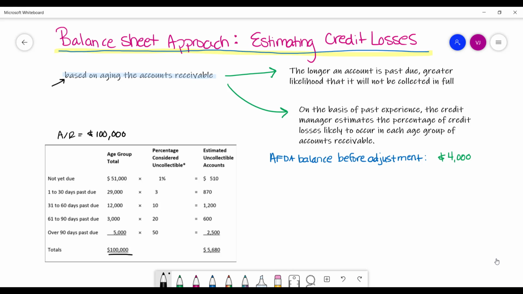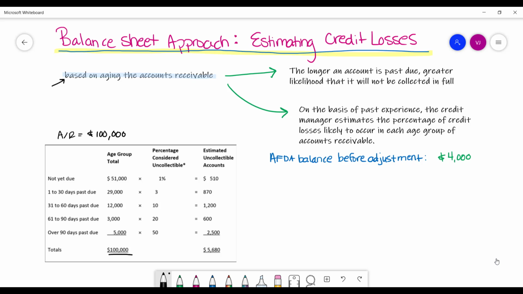Here we have $51,000 of the $100,000 that isn't due yet, and based on their experience, management has estimated about 1% of that $51,000 won't be collected. Of the accounts receivable that is 1 to 30 days past due, $29,000 of the 100, management, based on experience, estimates that 3% of that amount won't be collected.